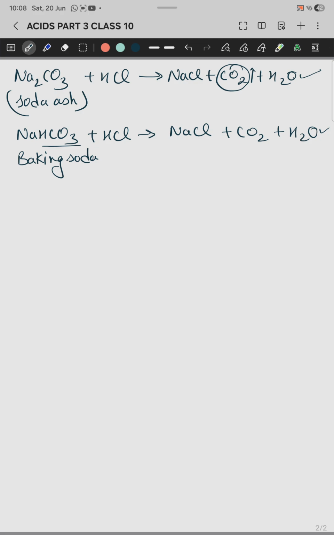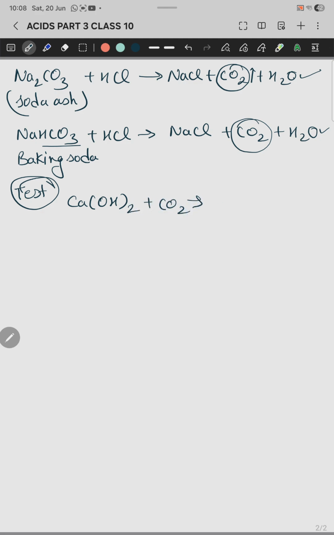Now how can we find out whether the gas is carbon dioxide or some other gas? So we have a test for this. We introduce the carbon dioxide gas to lime water, Ca(OH)2.